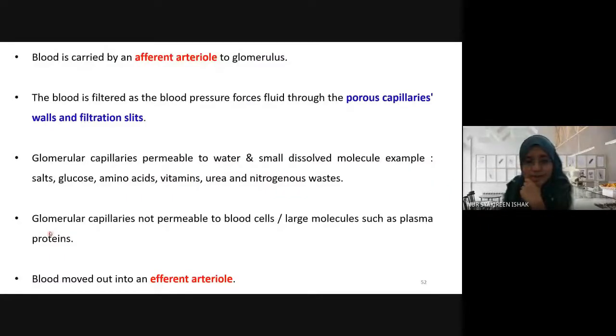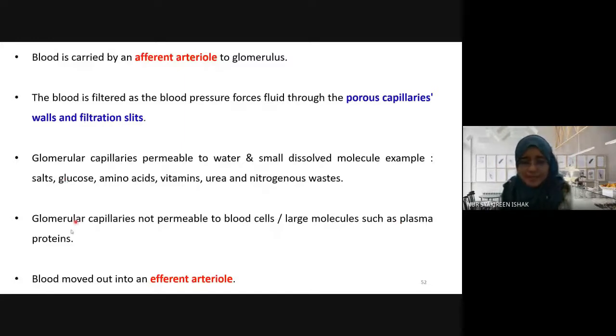So glomerular capillaries are not permeable to blood cells, and also large molecules such as plasma proteins. Dia pores yang ada pada glomerular capillaries ni hanya akan bagi small dissolved molecules saja yang masuk dalam Bowman capsule as filtrate.